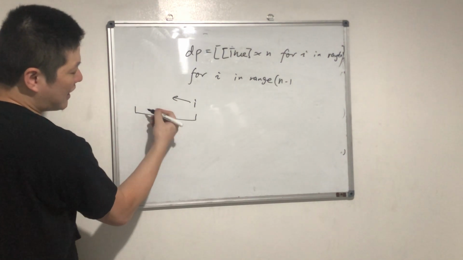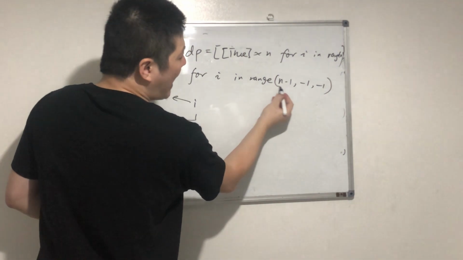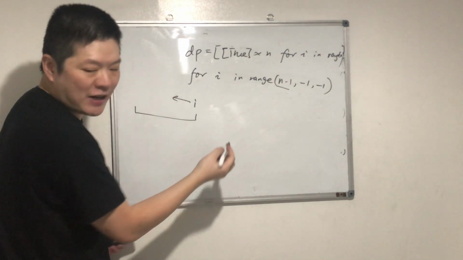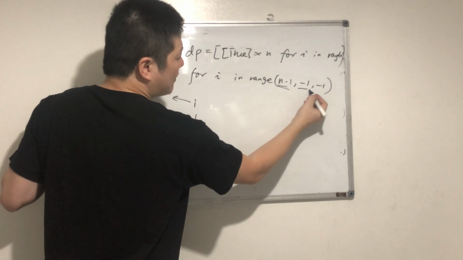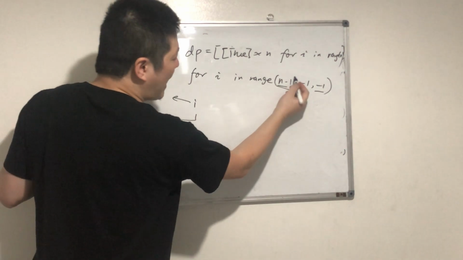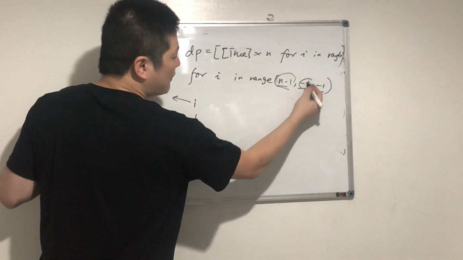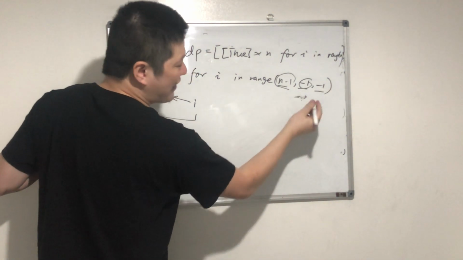The range function can take three parameters: start, stop, step. Step -1 means it will be decremented. Start from n-1, stop at -1 but not including -1, so the last value will be 0.